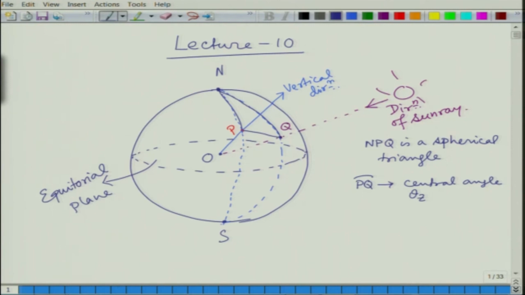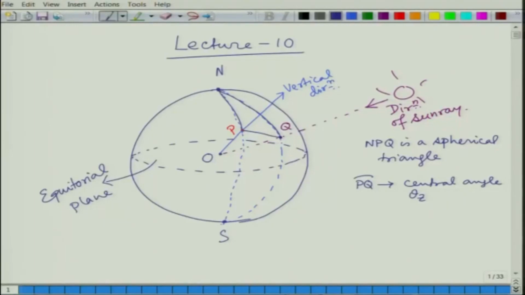This is the zenith angle, which is the angle between the vertical direction and the direction of the sun rays. What else do we see? The arc NP on the surface of the earth we can write to be pi by 2 minus latitude.